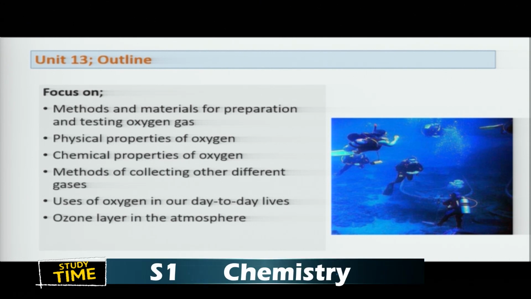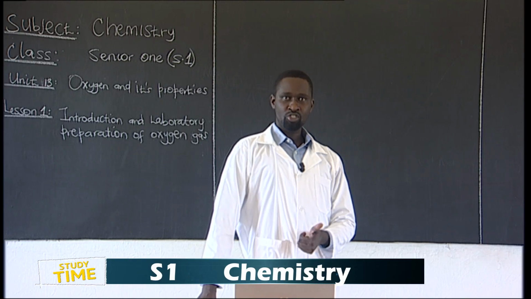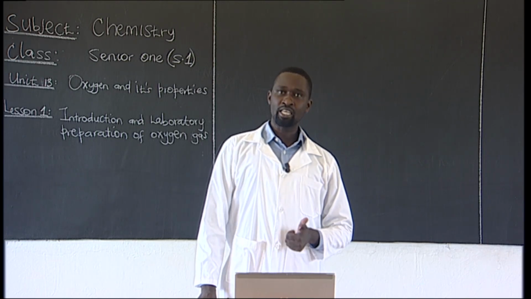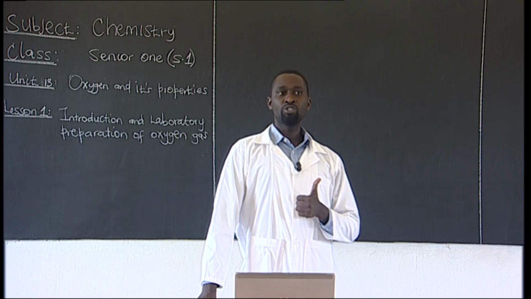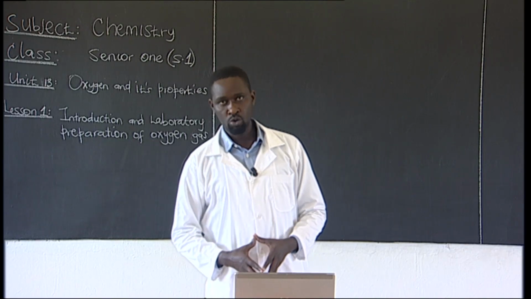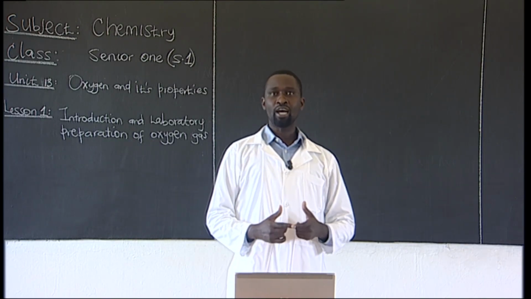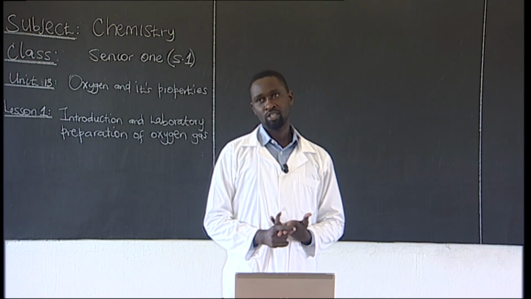In this Unit 13, we are going to look at methods and materials of preparing and testing oxygen in the lab. We're going to look at the physical properties of oxygen, and the chemical properties of oxygen gas.